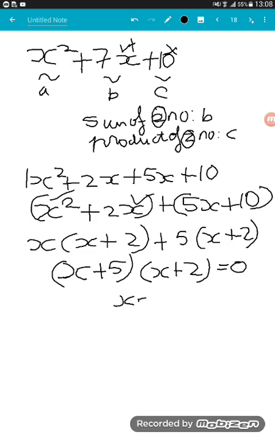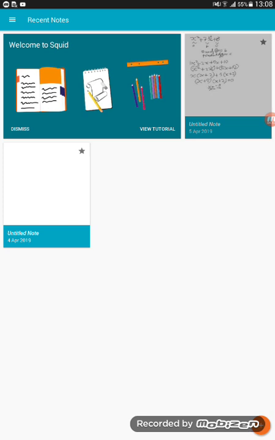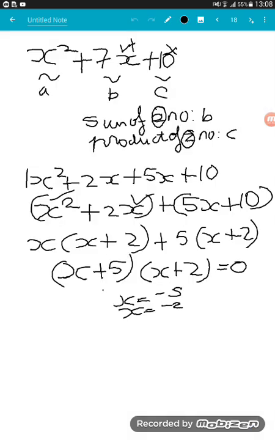x equal to minus 5, x equal to minus 2. So now the zeros of the polynomial mean the values of x which you are getting.